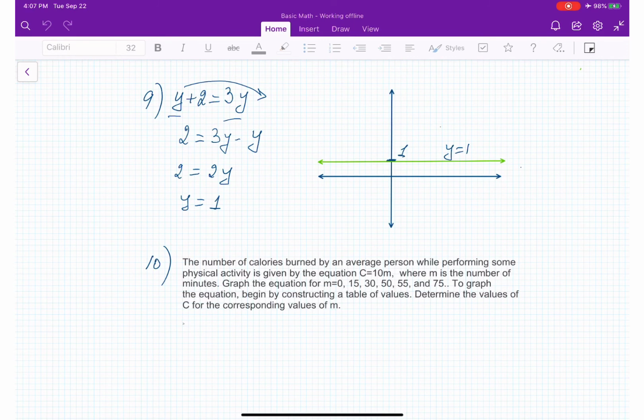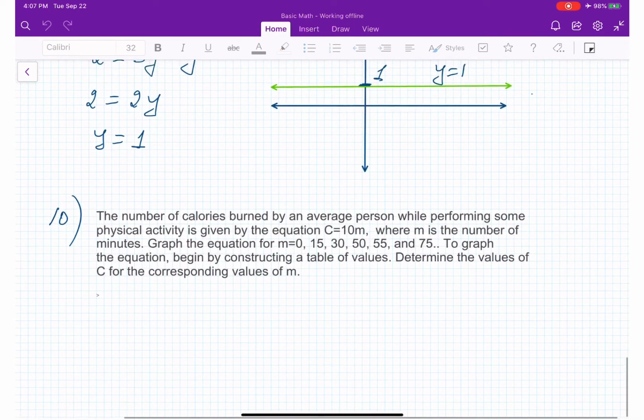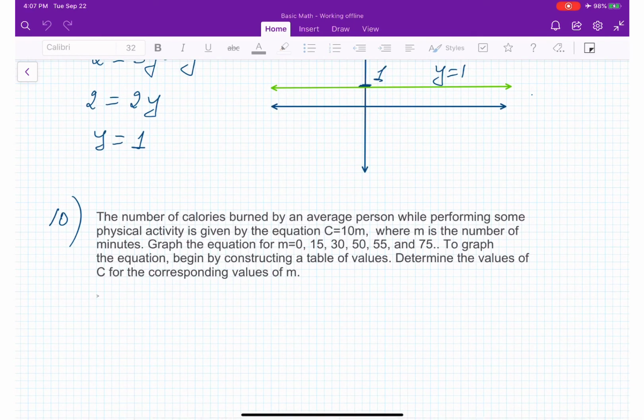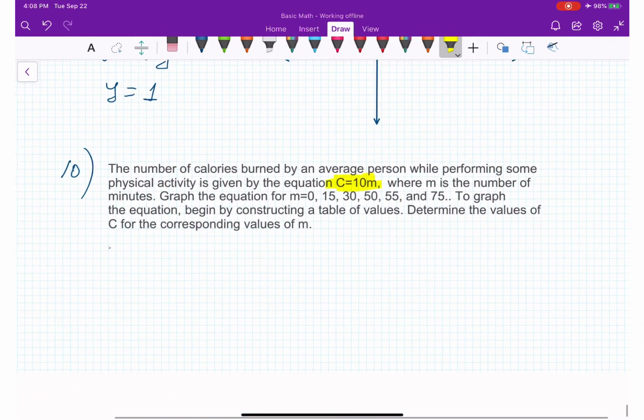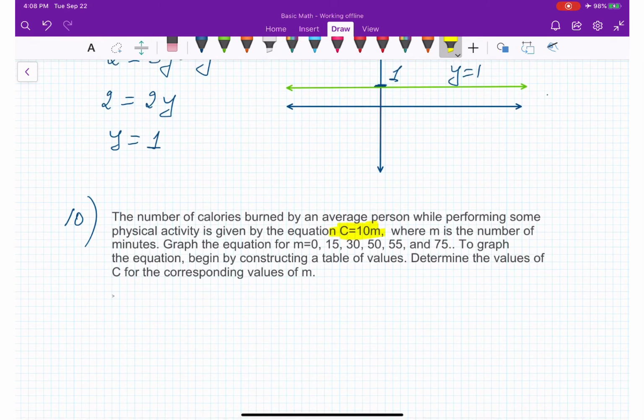The number of calories burned by an average person while performing some physical activity is given by the equation C equal 10m, where m is the number of minutes. Graph the equation for m is equal 0, 15, 30, and so on.